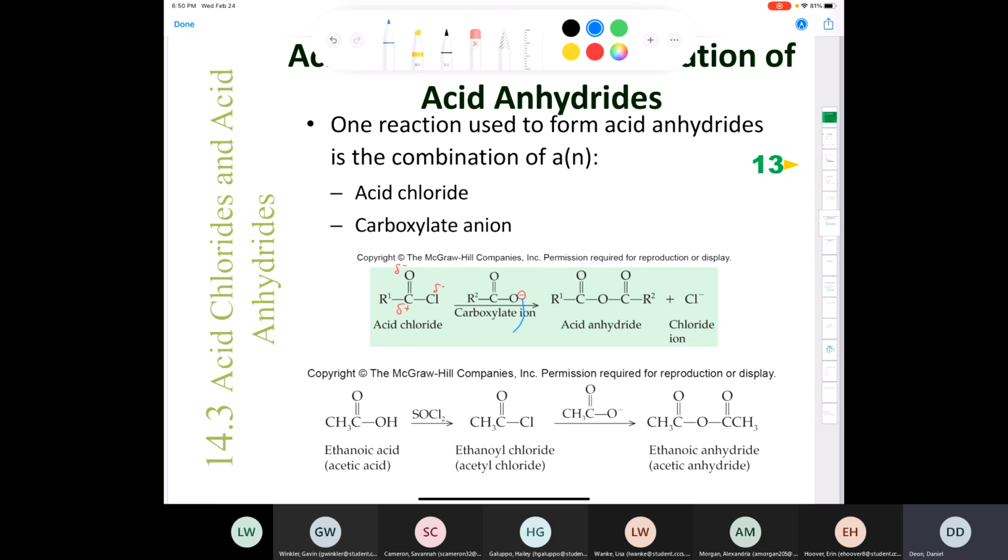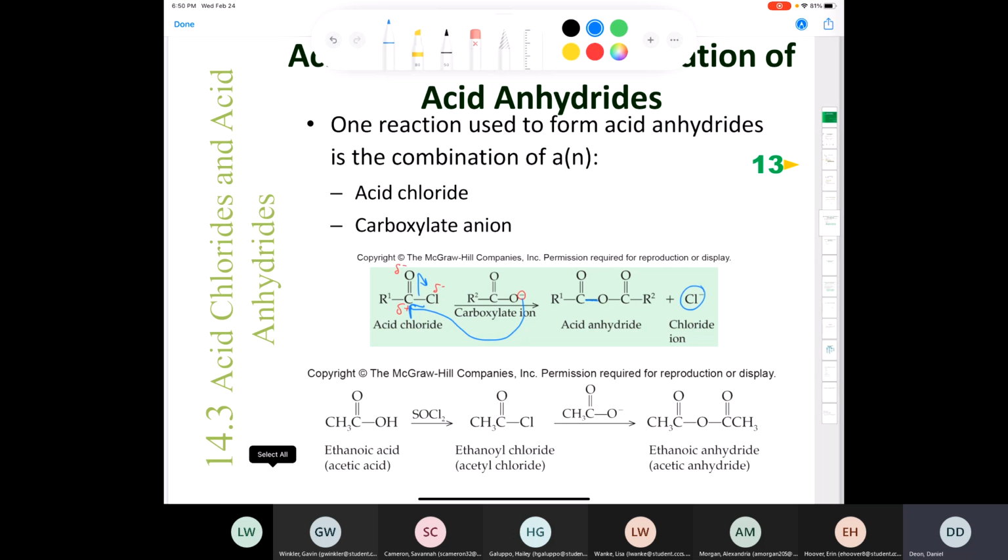And so this is literally what happens. The negative charge on the oxygen is going to be attracted to the carbon of the acid chloride. And this curved blue arrow that I just drew represents the formation of this bond right here. When it attacks that carbon, it hits it so hard that it drives the chloride off.